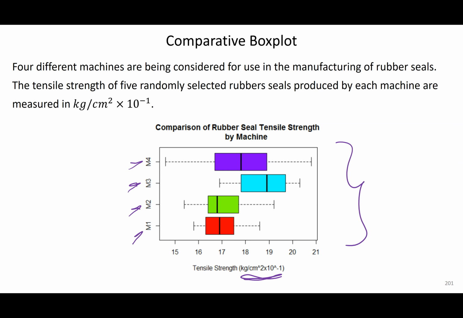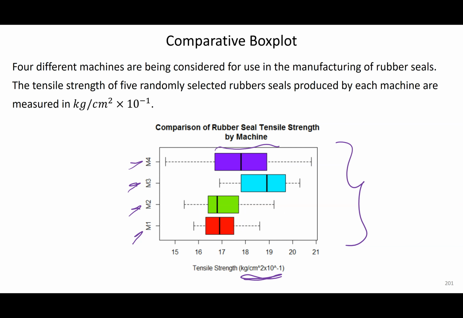Here are my box plots. A lot of times we look for overlap specifically of the boxes. So you see, oh, well, that machine 4, it seems to overlap most of the machines here. But if you look at machine 3, it really only overlaps machine 4. It doesn't overlap the boxes in machines 1 and 2.